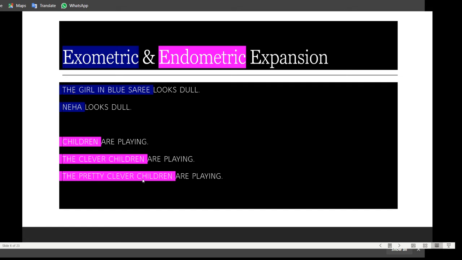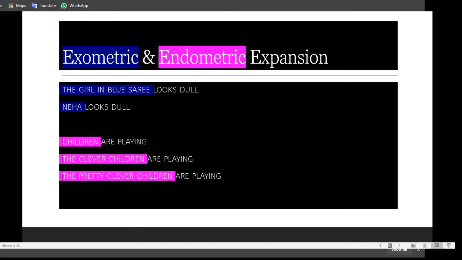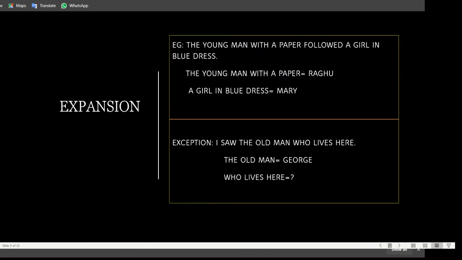This kind of expansion is called endocentric expansion. So there are two kinds of expansion: exocentric, where a part is completely replaced, and endocentric, where there is a head word or a common word. This test actually works on substitutability. One should be substitutable for the other.